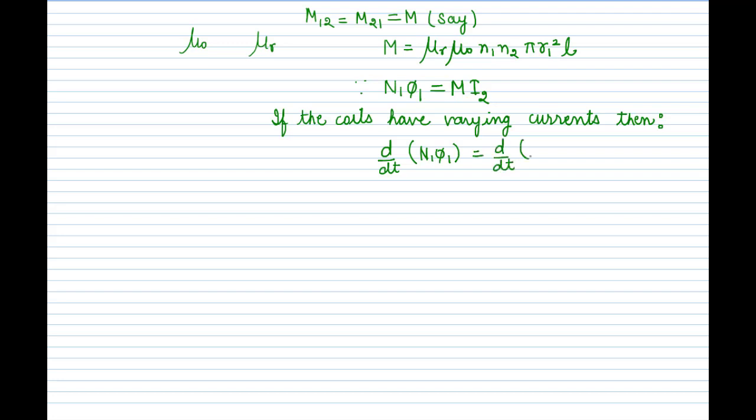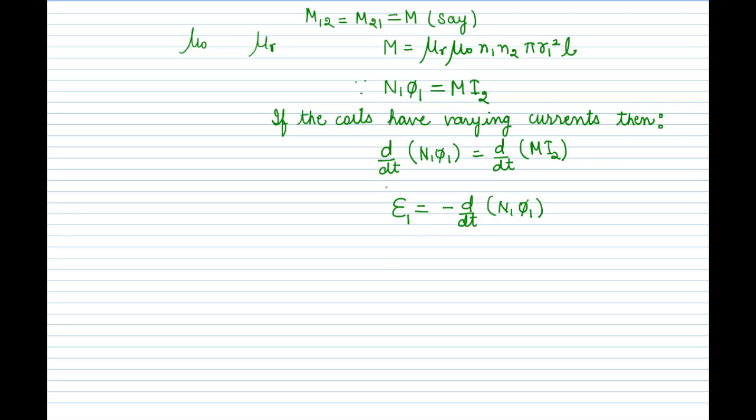From the formula of induced EMF, we know that the induced EMF in coil S1 is given by minus d by dt of N1 phi1. The induced EMF is due to the change in magnetic flux of coil S1 with respect to time and in the opposite direction, on combining Faraday's law and Lenz's law.